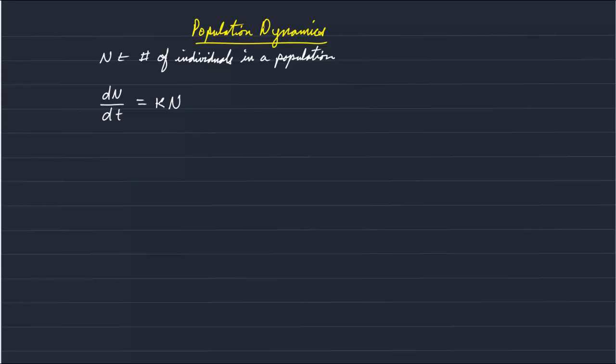And our population growth parameter is, I should write kappa to be consistent. So kappa controls the growth rate, right? So if kappa is less than 0, then the population is declining.